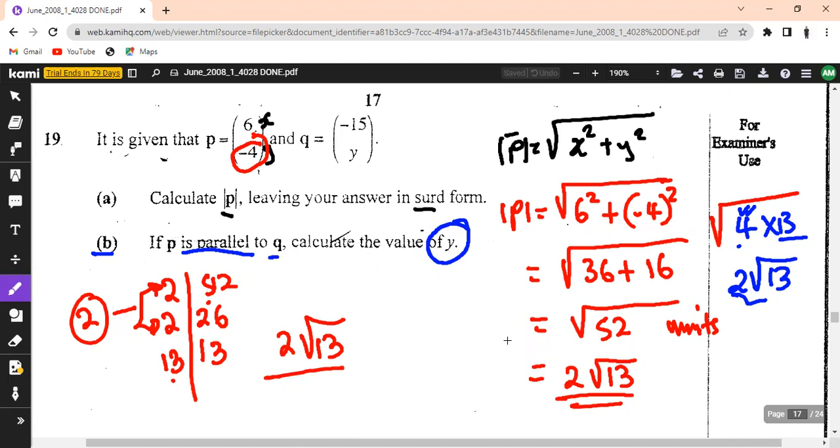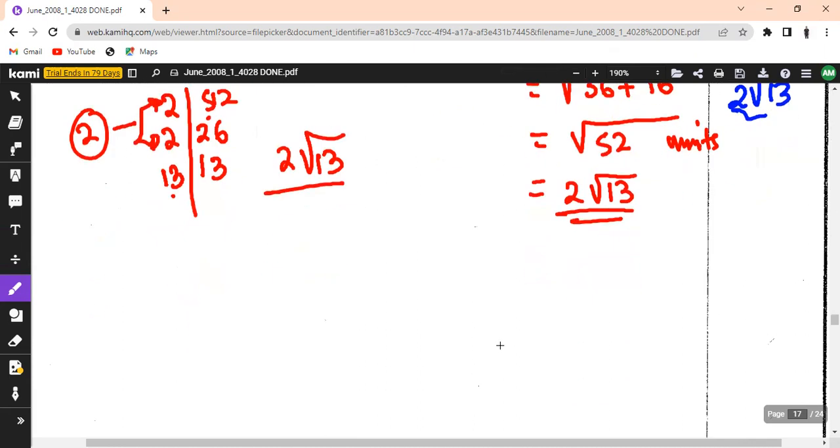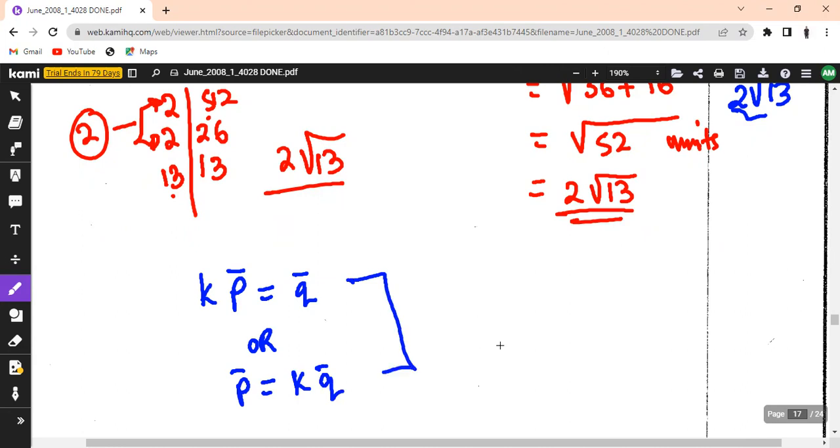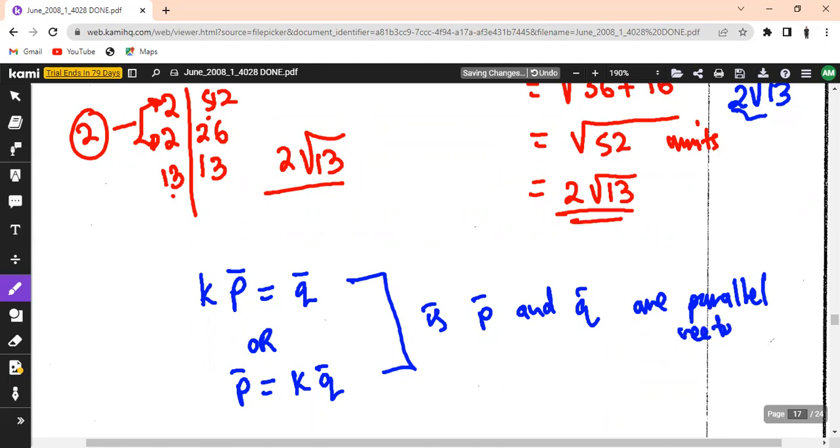The relationship can be kP, where k is a constant, is equal to Q, if P and Q are parallel, or P is equal to kQ, where k is a scalar. So it means we have to multiply one vector by a constant to obtain another vector if these two are parallel vectors.